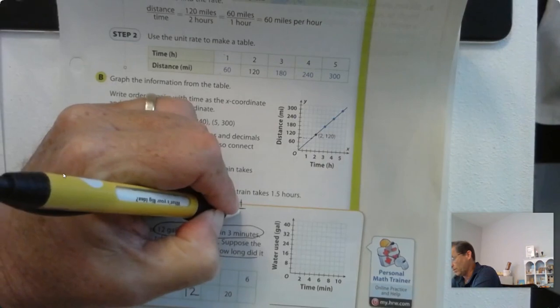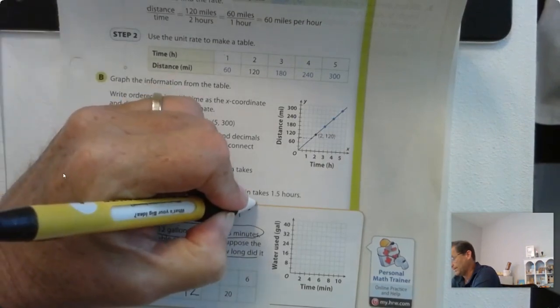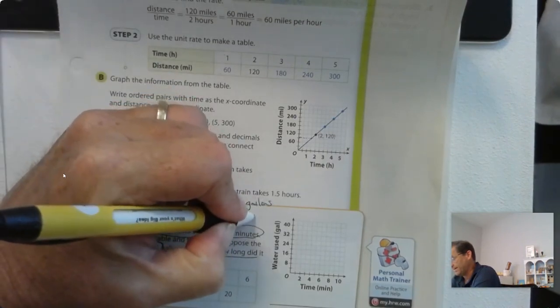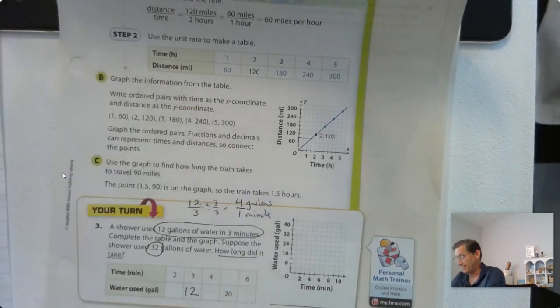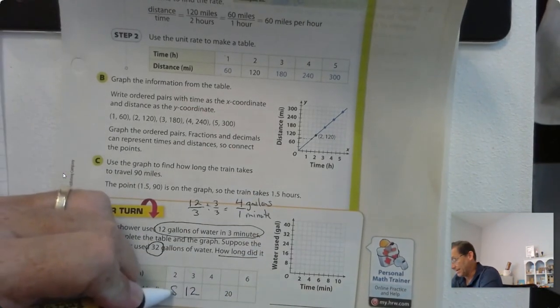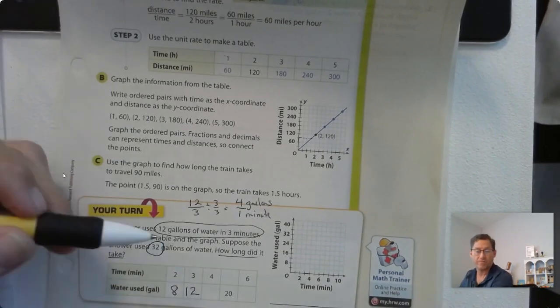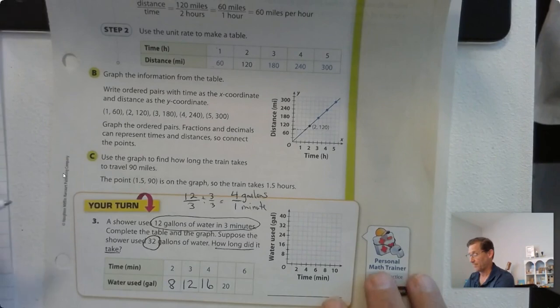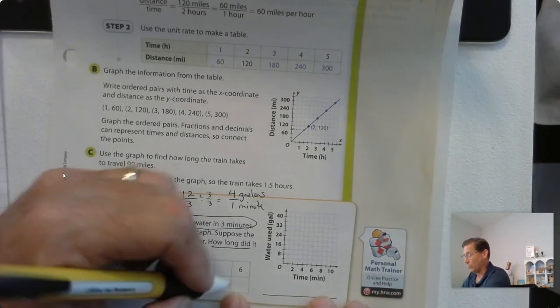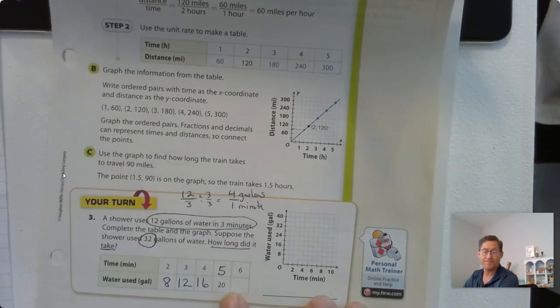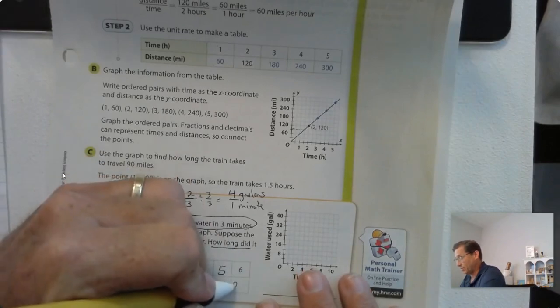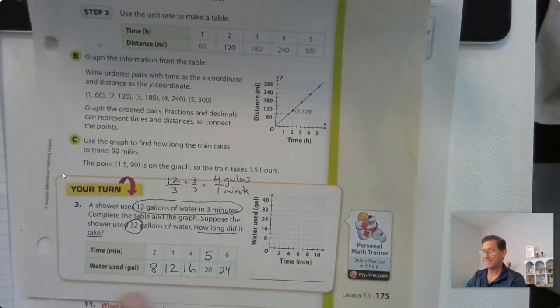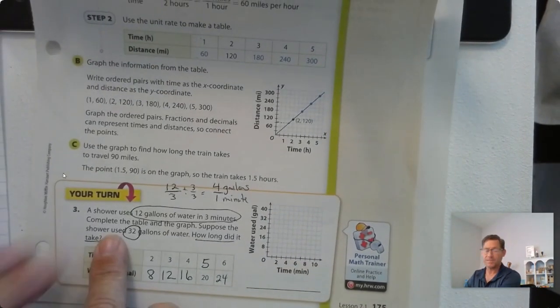And we get 4 to 1. 4 gallons every minute. So in 2 minutes, it would be 8 gallons. 3 minutes, 12 gallons. 4 minutes, 16 gallons. 20 divided by 4 would be 5. And 6 times 4 is 24. But they said, what if we take 32 gallons?